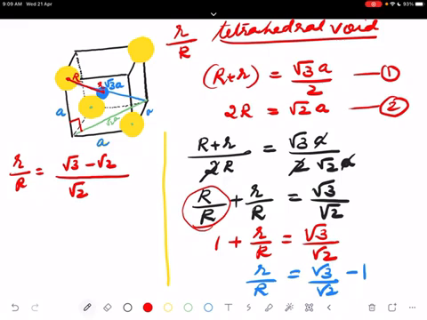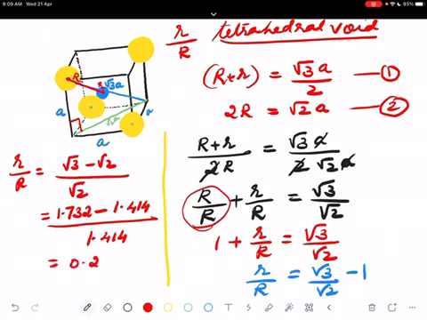Root 3 minus root 2, and you can substitute the value of root 3, that is 1.732 minus 1.414 divided by 1.414. Solving this, you will get 0.225.